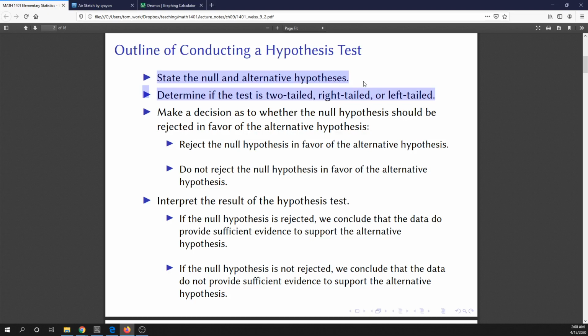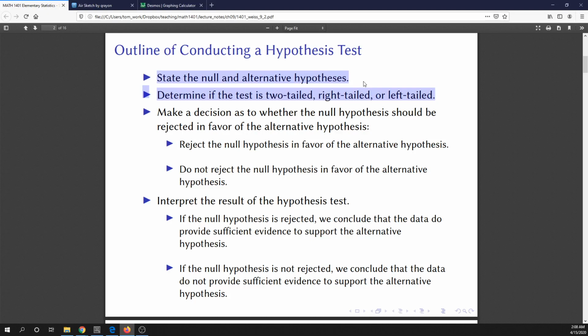In section 9.1, we had some problems where you had to state the null and alternative hypotheses and then determine if it's a two-tailed test, a right-tailed test, or a left-tailed test. If you haven't watched that video, you need to go back and watch that. We're not going to focus on that part of the hypothesis test.